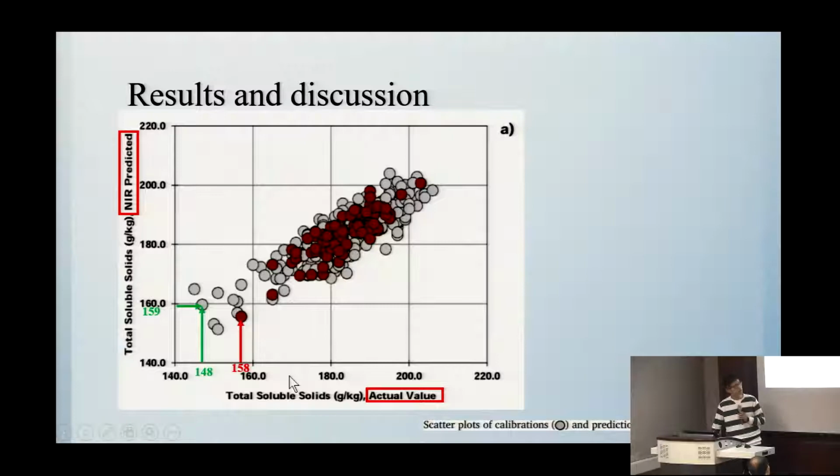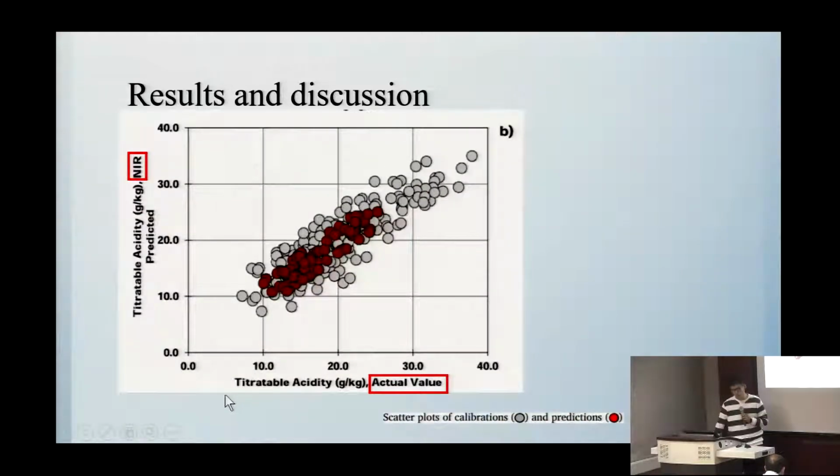But after we applied some methods and calculations, we can shift the points to be more similar. So we can see that the actual value is 158, and the NIR predicted is 156, for the total soluble solids.